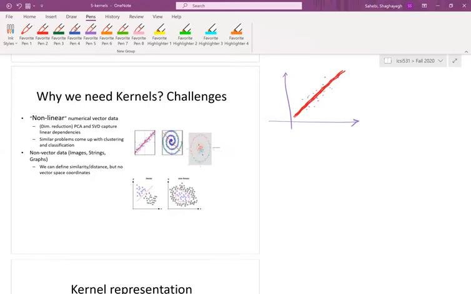So if our data points, for example, looked like this, if they were in a circle, then PCA couldn't do anything for us because we couldn't find a lower dimensional representation that uniquely can represent our data with minimal error.